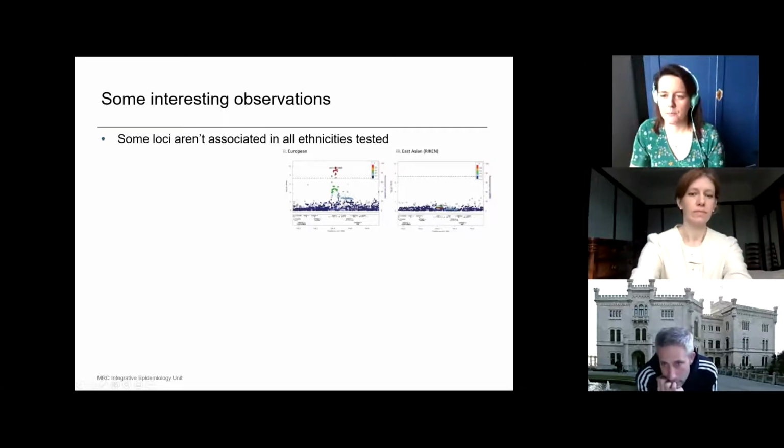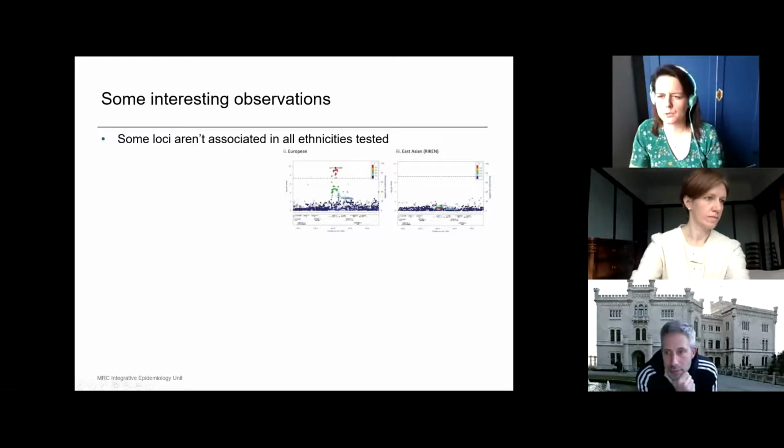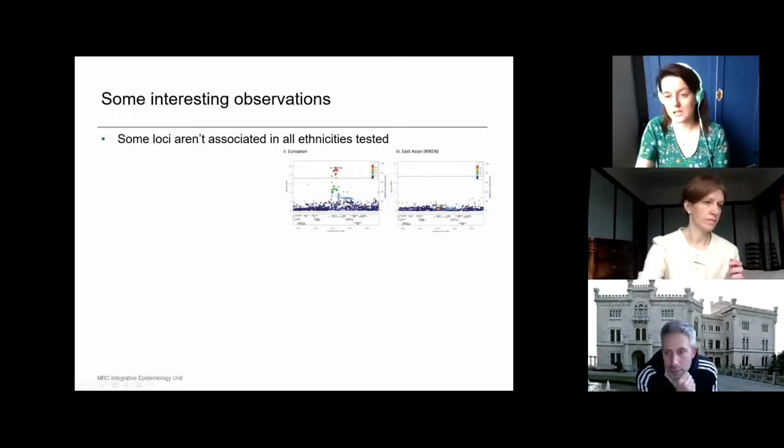And we see absolutely no evidence of a peak within the East Asian samples. The East Asian sample was a lot smaller than the sample size used for the European analysis, but nonetheless, we would have expected to see some sort of weak peak here if these variants were associated in that population. So that's interesting.